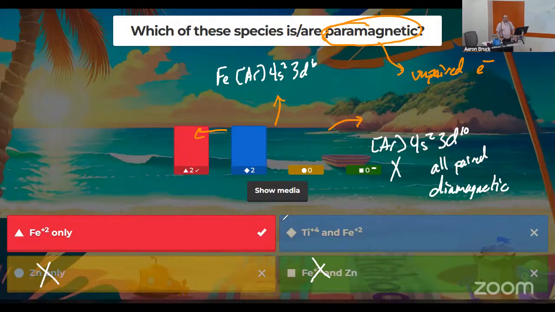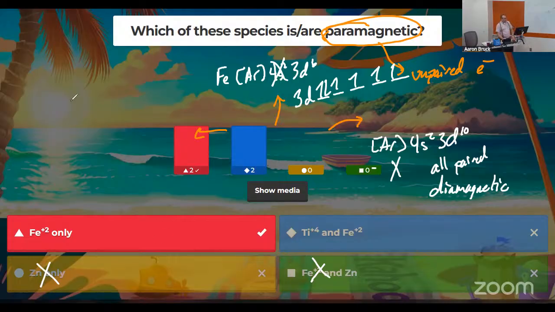So iron on its own has a good bit of paramagnetism. But for iron 2 plus, we're going to take these 2 electrons away. And so I look at the configuration for the iron 2, and I see 6 electrons. 4 of those electrons are unpaired. So we know that iron and iron 2 are both paramagnetic.